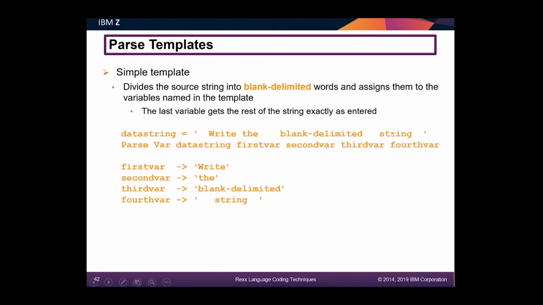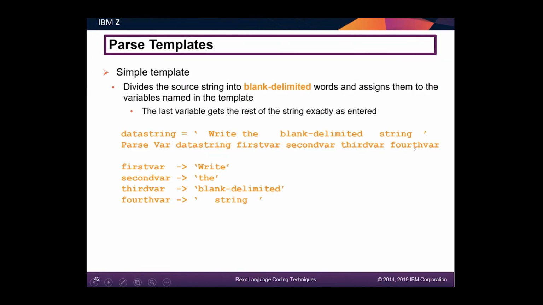And you'll see I have extra blanks in here at the beginning, at the end, and in between the words. And I've done that on purpose to illustrate what happens. So now I'm going to say parse the variable data string, which I've defined here. And I'm going to take the value of data string and I'm going to break it into first var, second var, third var, and fourth var.